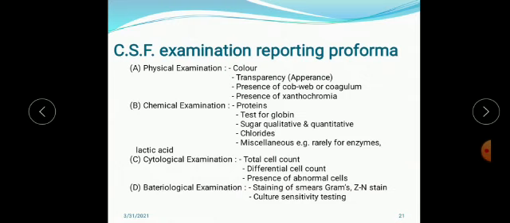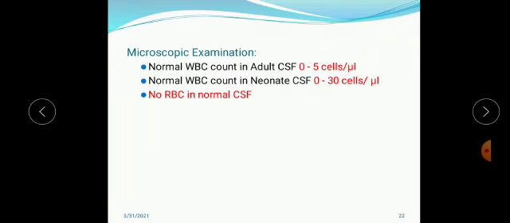Chemical examination includes protein estimation, test for globulin, sugar qualitative and quantitative tests, chloride estimation, and miscellaneous, for example, rarely enzymes and lactic acid level. Cytological examination includes total cell count, differential cell count, presence of abnormal cells, and bacteriological examination is carried out via staining of smears like Gram stain, Ziehl-Neelsen stain, and culture sensitivity testing.